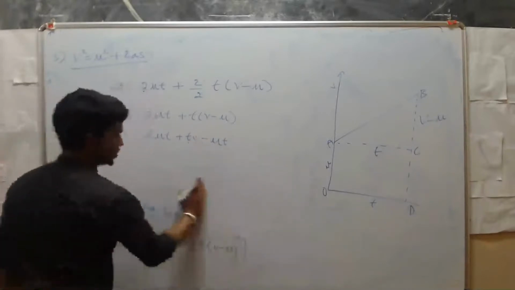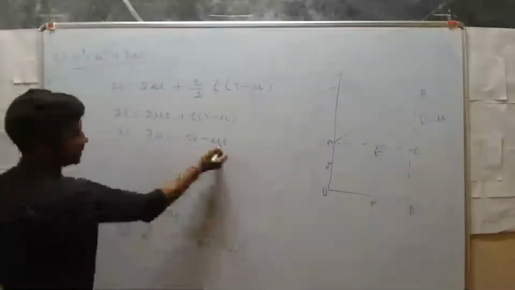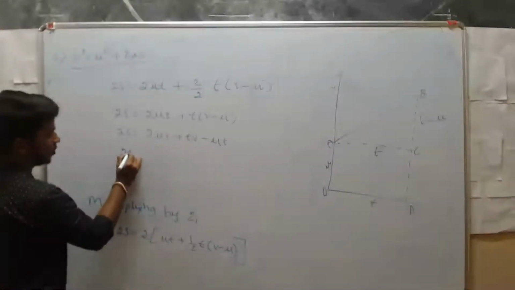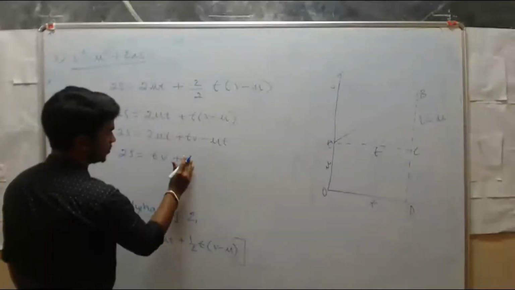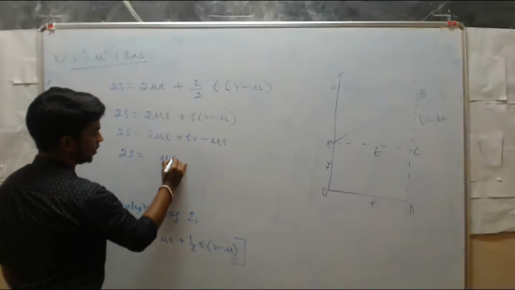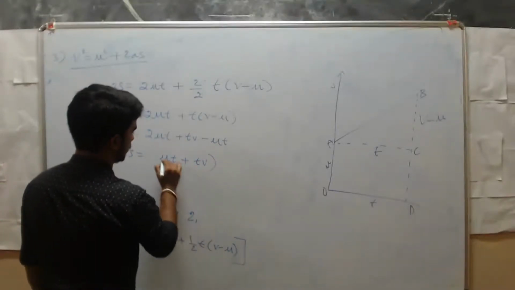TV. Next, see, UT might cancel, right? 2S is equal to UT plus TV.